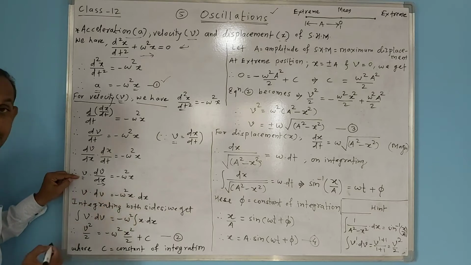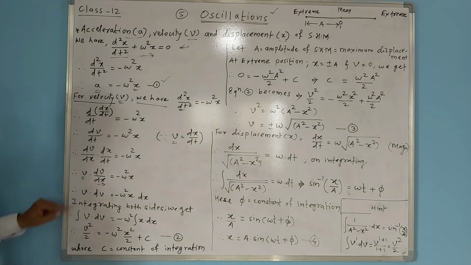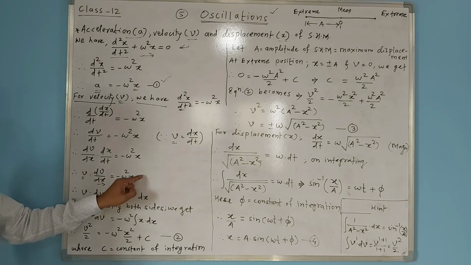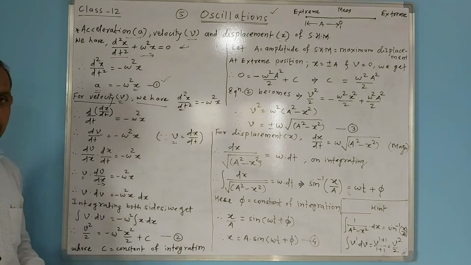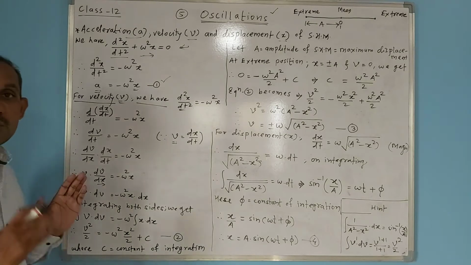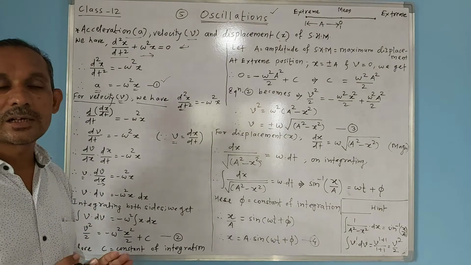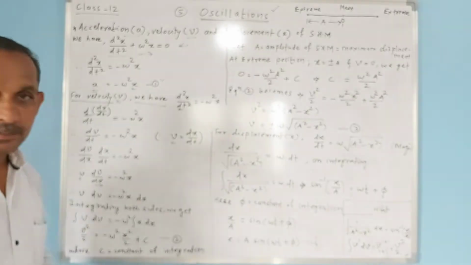Take this dx term to the right hand side, so that we get v multiplied by dv, and the right hand side becomes minus omega square x multiplied by dx. This arrangement is very important while determining the relation for the velocity.